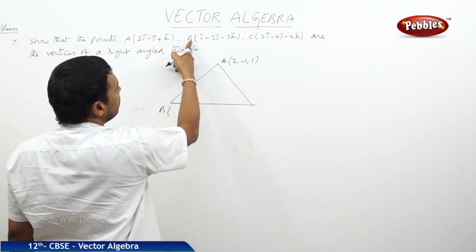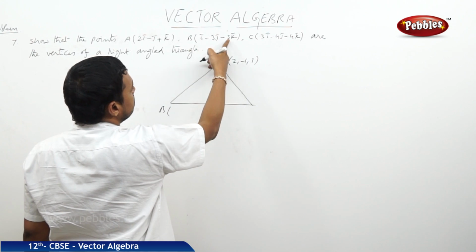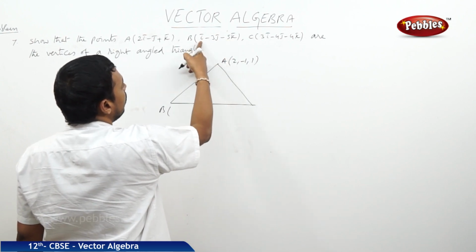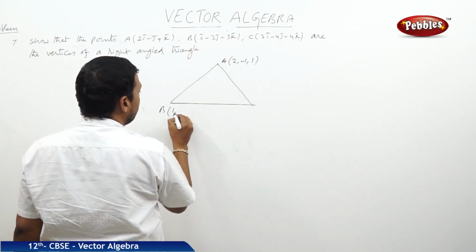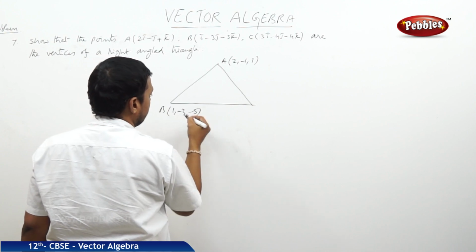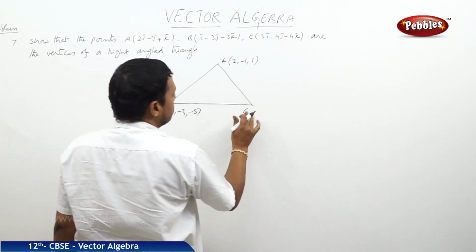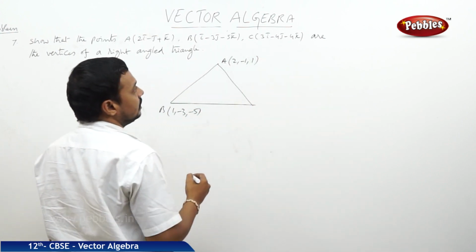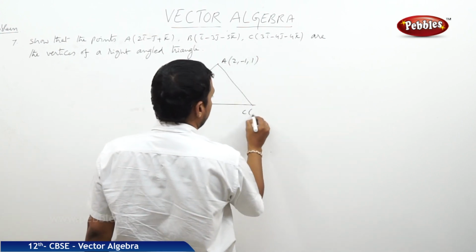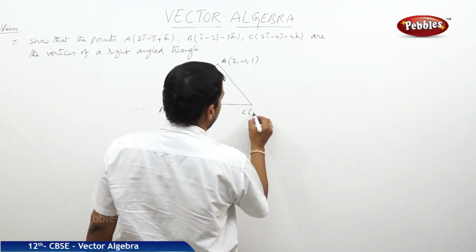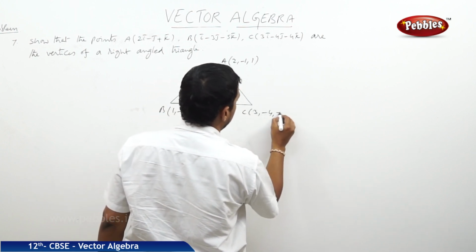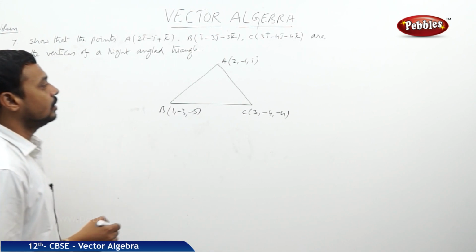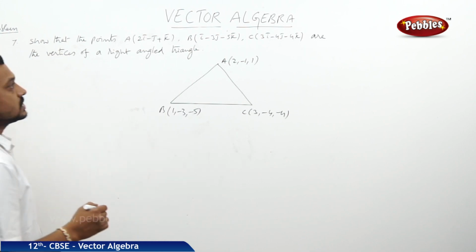The position vector of B is I minus 3J minus 5K, hence the coordinates of B are (1, minus 3, minus 5). Similarly, the position vector of C is 3I minus 4J minus 4K, hence the coordinates of C are (3, minus 4, minus 4). Now, these are the coordinates of the 3 points.